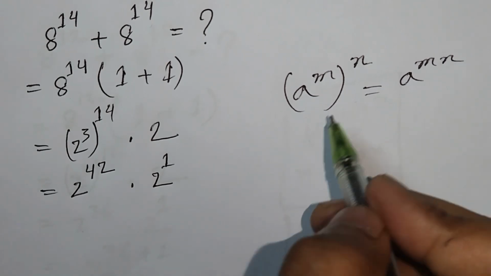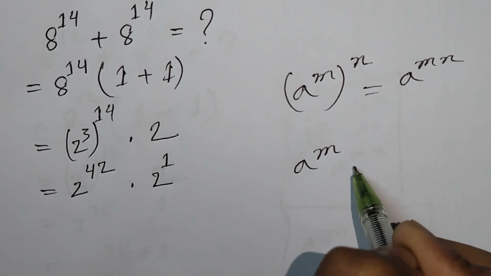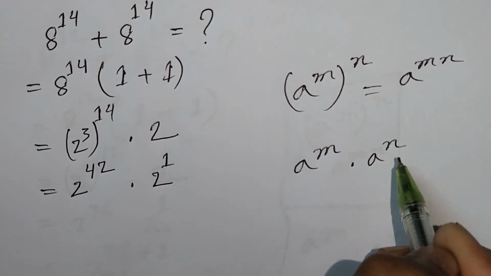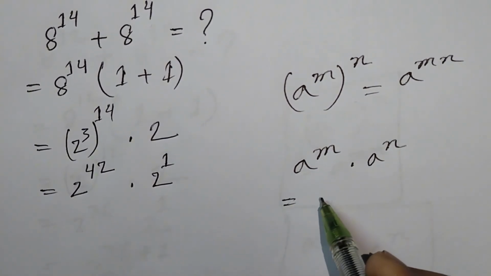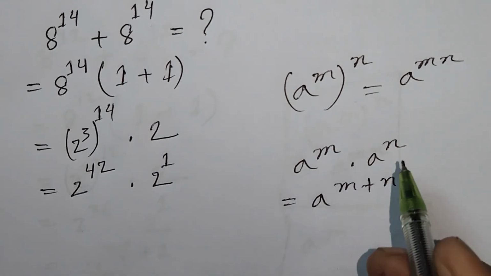According to this rule, a power m times a power n is equal to a to the power m plus n.